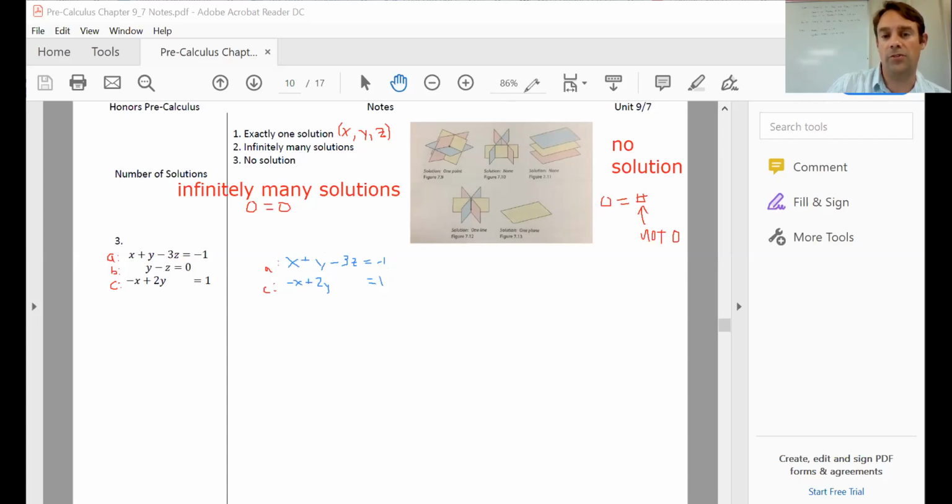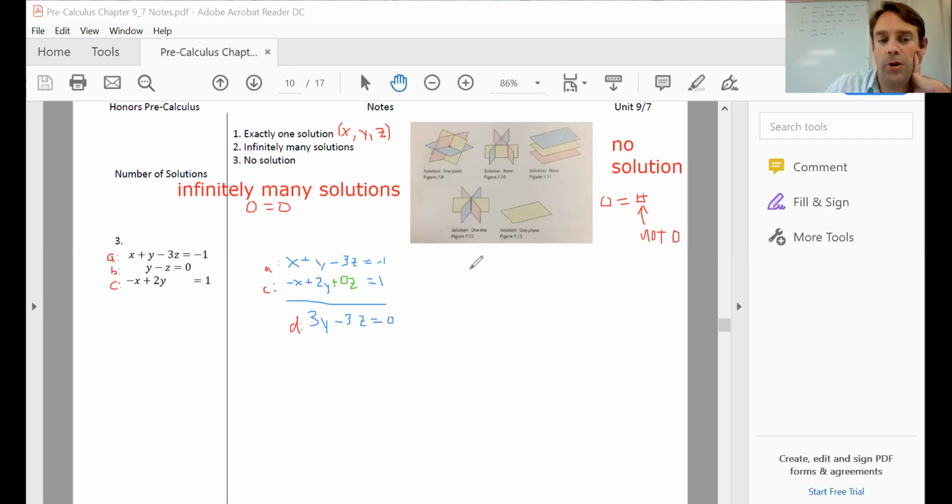I just need to add essentially a placeholder in there, so I'm going to add a plus 0z. There is no term there. That's okay. We don't have to have one everywhere. It's nice, but you don't have to have one. So 3y minus 3z equals 0. Okay, so we'll call that D.